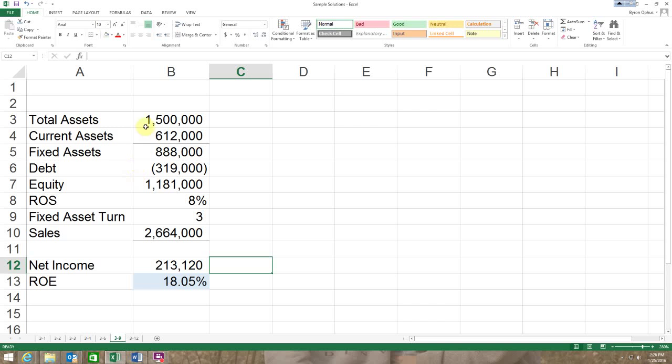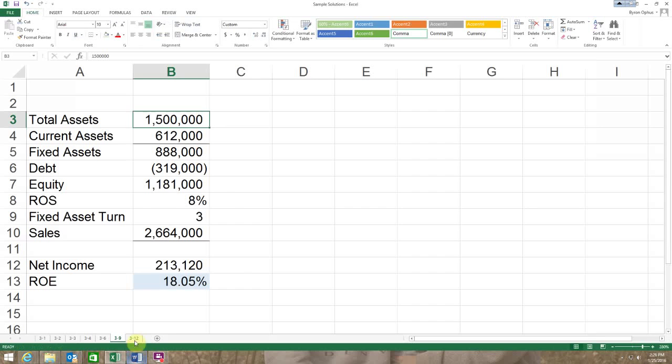Dang. Okay, well, let's do this. Let's put in what they give us. We know we have total assets of $1.5 million. By the way, I believe that this is similar to your number 10. Is that what you guys have assigned? Yeah, you guys have 10. Okay, so I've got total assets of $1.5 million and current assets of $612,000.